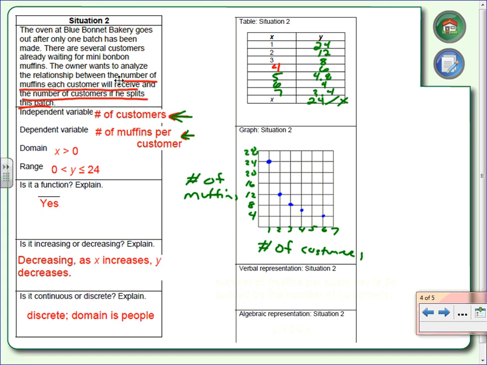Now let's get a verbal representation of what's going on here. Here it is. The number of muffins per customer is 24 divided by the number of customers.